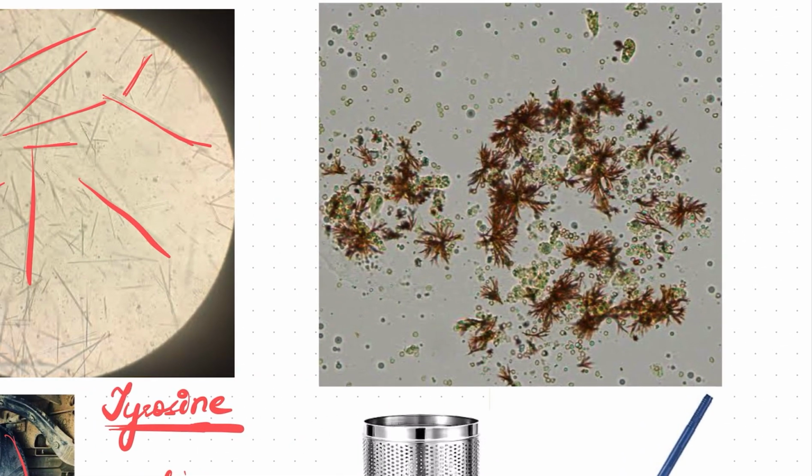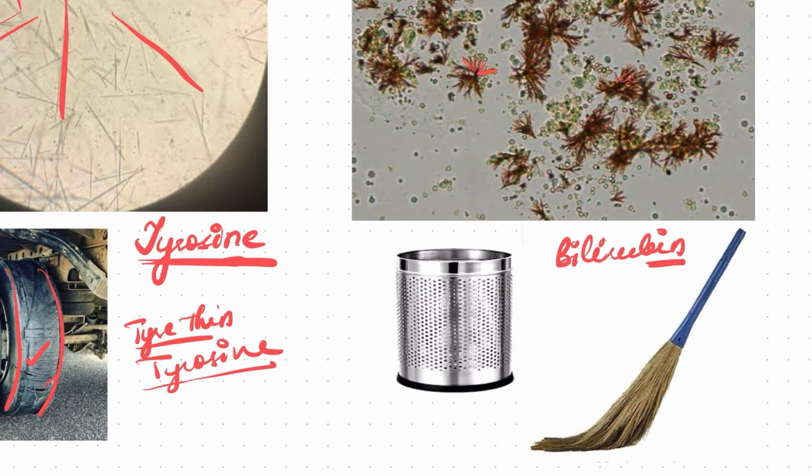Coming to bilirubin crystals, these are pigmented. Obviously bilirubin has brown pigment, and there are spikes. These are also thin needles, like pigmented needles. For bin, you can remember a dustbin. You throw the wastage into the dustbin, and you sweep with a broomstick. A new broomstick sheds certain particles, which appear like long, thin brown needles.